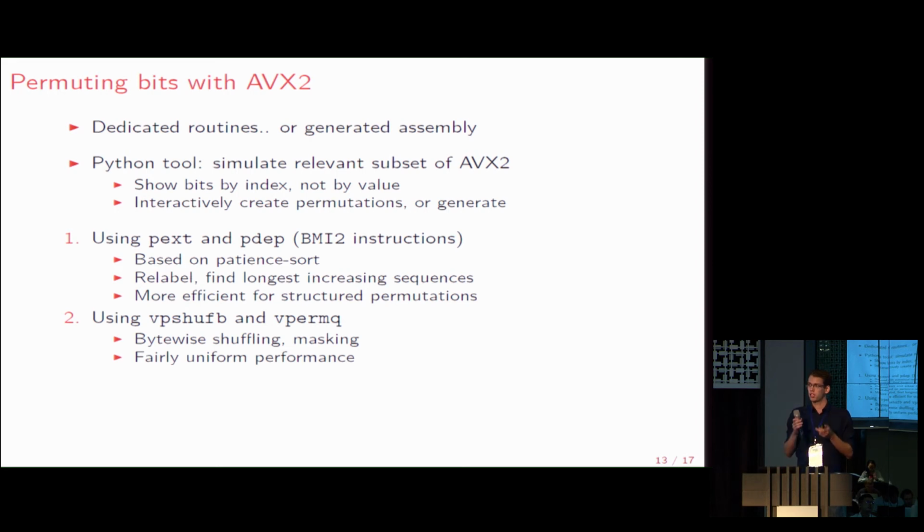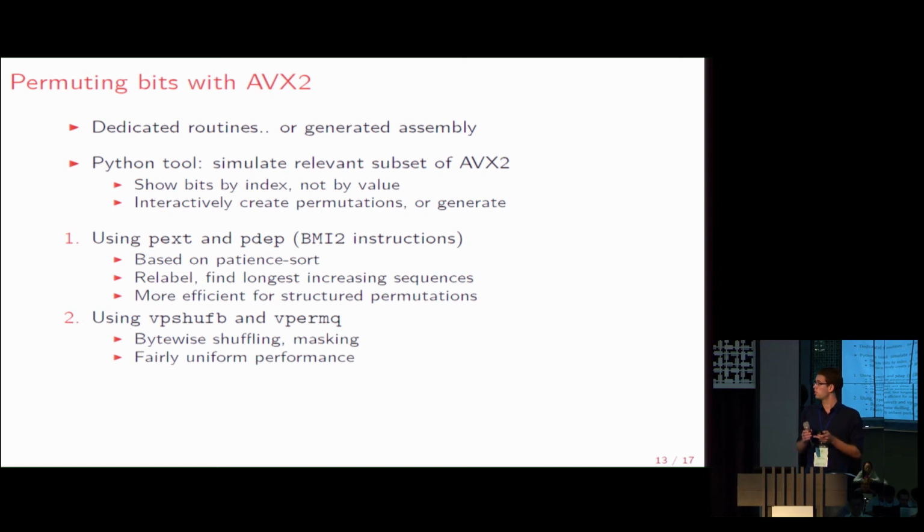By marking the ones you need, you can find efficient ways to group them together, extract them, and insert them into different output blocks or output quad words. This is very efficient, especially if you have sequences of bits that are ordered. Like if you're doing a permutation that interleaves them one by one, you could first extract all the odd ones, then extract all the even ones. So for very structured permutations, this performs very well. On more random permutations, it's not as great.